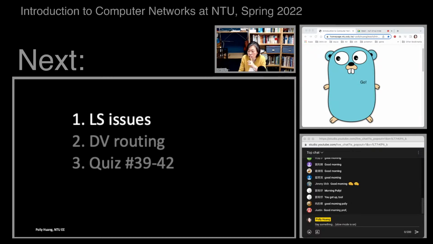Because we already talked about the algorithm of link state routing, which is Dijkstra, the shortest path algorithm. So the next few videos are more to talk about the issues of link state routing using Dijkstra. First is to analyze the performance, the computation complexity of the Dijkstra algorithm.